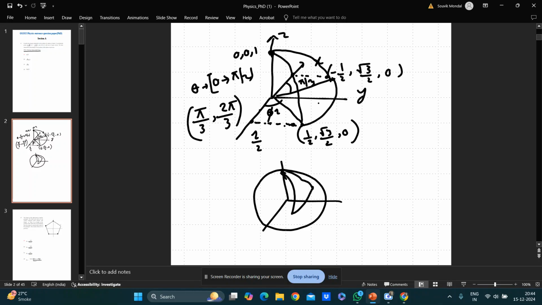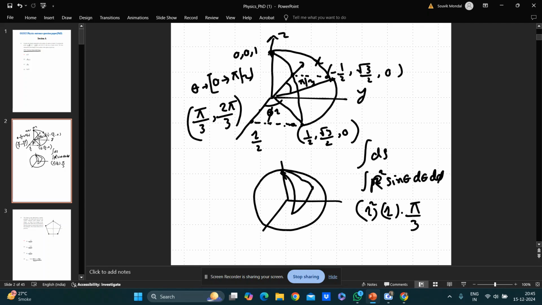Now you can do the surface integral, that is r squared sine theta d theta d phi. r squared is simply constant, it is 1 squared. Sin theta d theta will give you 1, and d phi will give you 2 pi by 3 minus pi by 3, that is pi by 3.